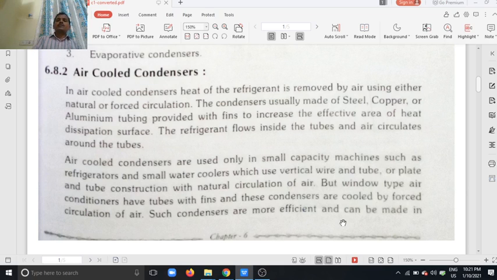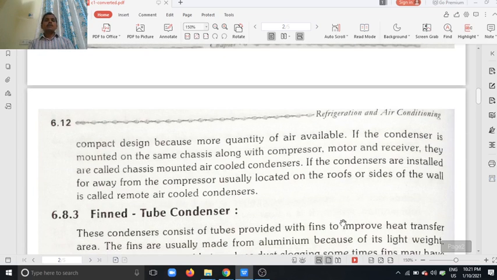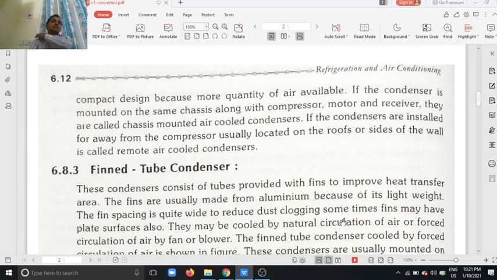But window type air conditioners have tubes with fins. These condensers use forced circulation of air, so they are more efficient and made in compact design because more quantity of air is available.